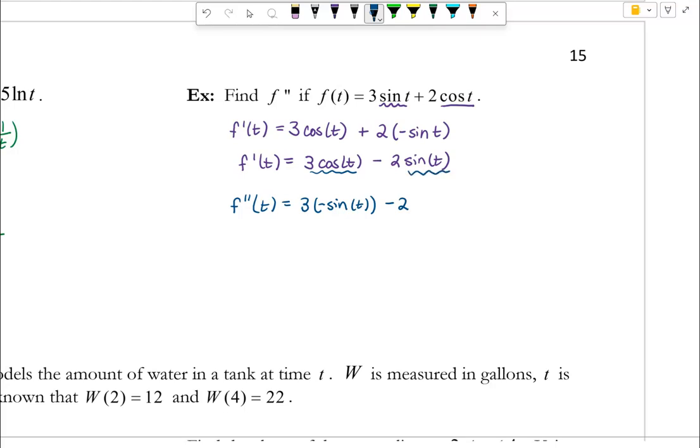The derivative of sine of t is just positive cosine of t. So I could rewrite this as negative 3 sine of t minus 2 cosine of t. So we just really want to be careful with sine and cosine, which derivative has a sign change, which gives us a negative derivative.